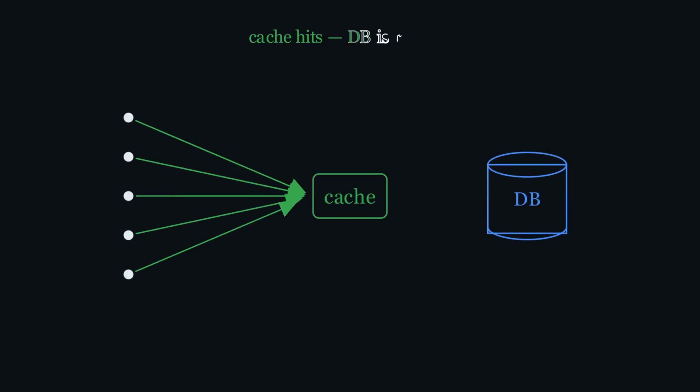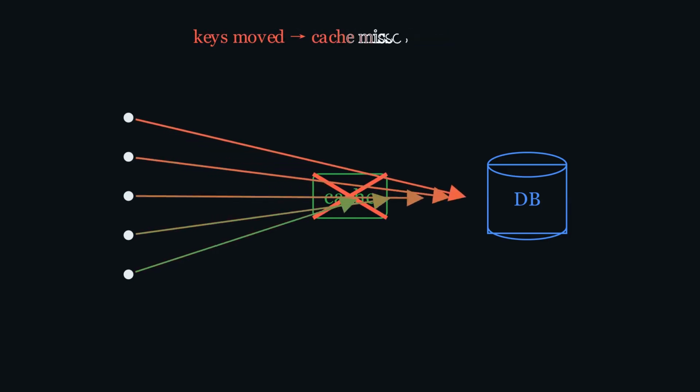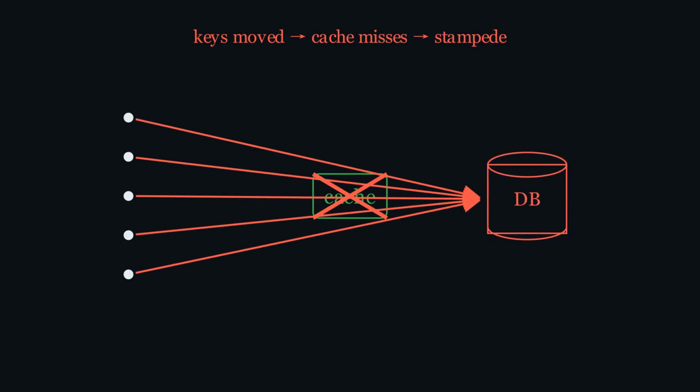Why is that catastrophic? Think about what these keys usually are. If this is a cache, 90% of your lookups now miss and fall straight through to your database. That's called a cache stampede, and it can take down a database that was perfectly healthy 10 seconds ago.